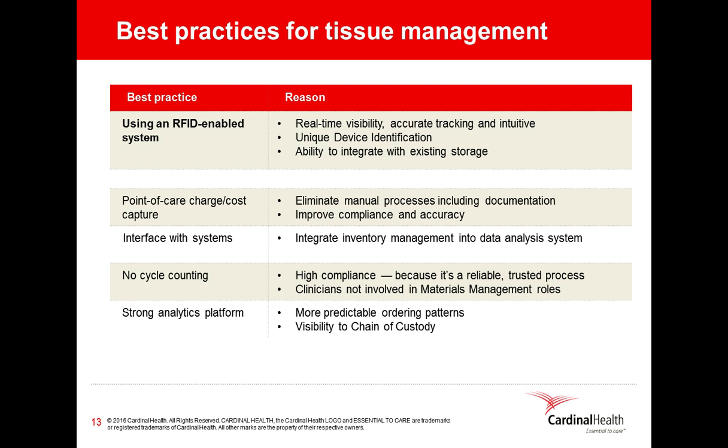With barcoding, you have to have direct line of sight to manually barcode scan each barcode on that product. And more often than not, products now have more than one barcode on the package, and so you have to barcode scan every barcode. And then RFID also supports UDI, which is the Unique Device Identifier. UDI is getting a lot of attention now, and it's a system to identify medical devices through their distribution and through their use.